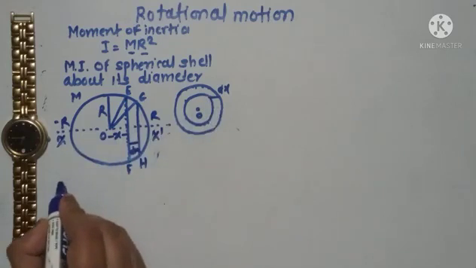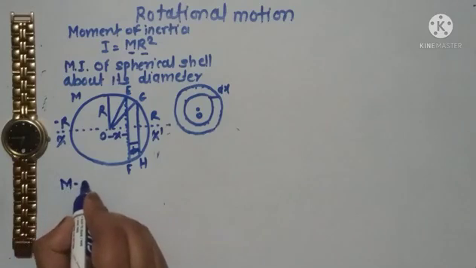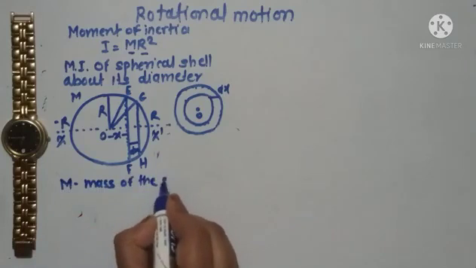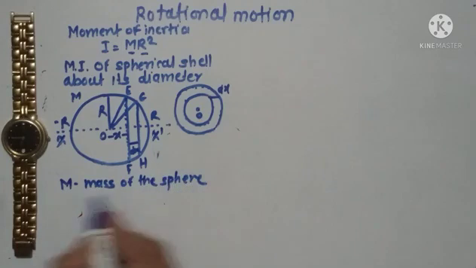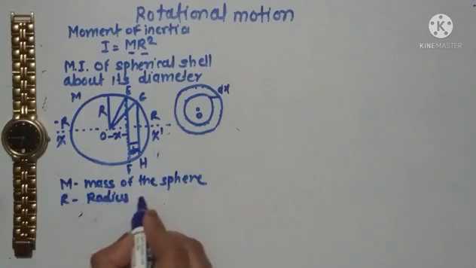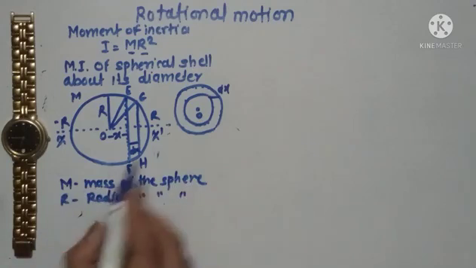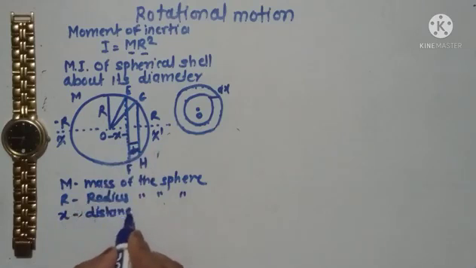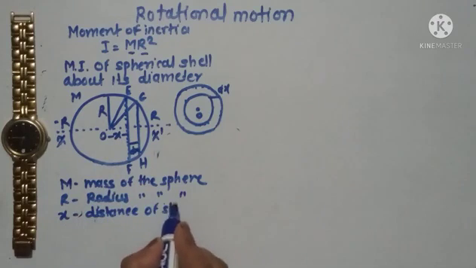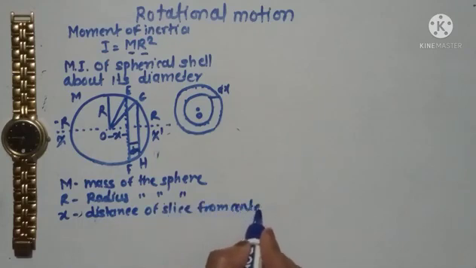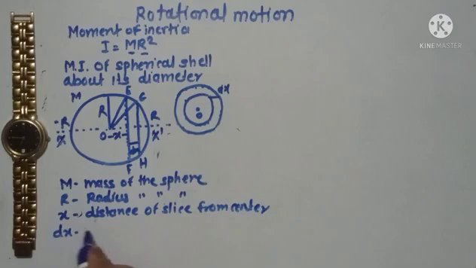The things which we have considered: M is the mass of the sphere, capital R is the radius of the sphere. Then let x be the distance of the slice from the center, and dx is the width of the slice.